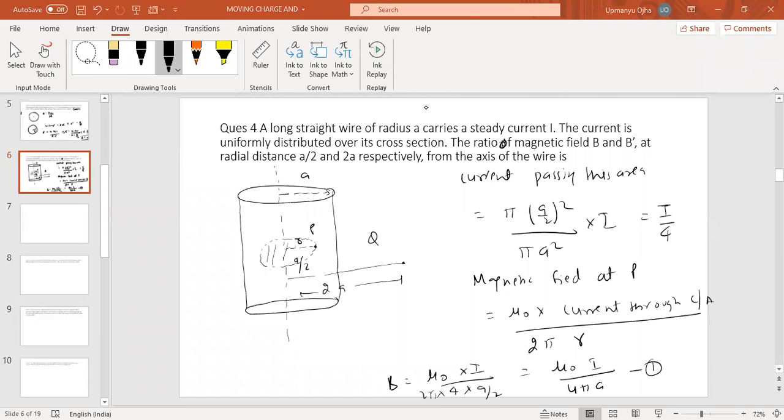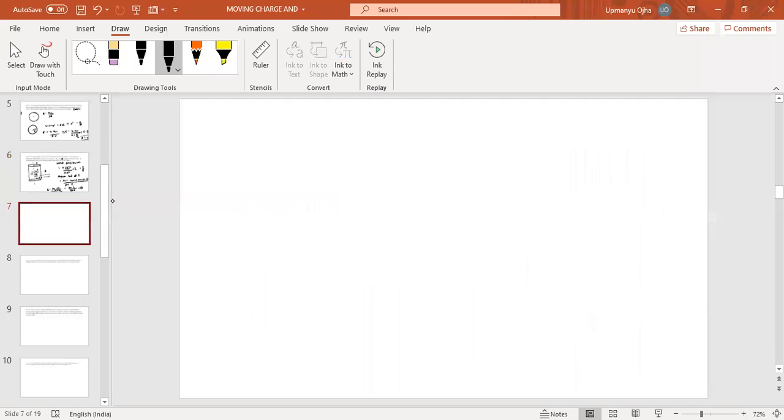Now point P is at a distance of A by 2 from the axis of the wire. Now we have to find the magnetic field at this point Q, which is 2A distance away from the axis of the wire. The magnetic field at 2A distance, that is B dash, would be equal to mu naught I by 2 pi r.